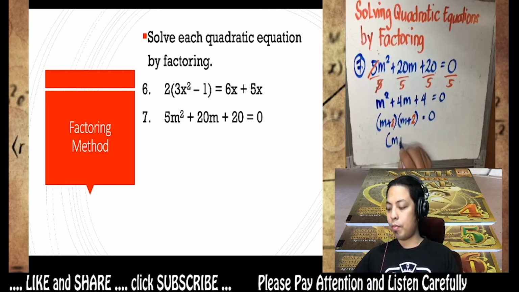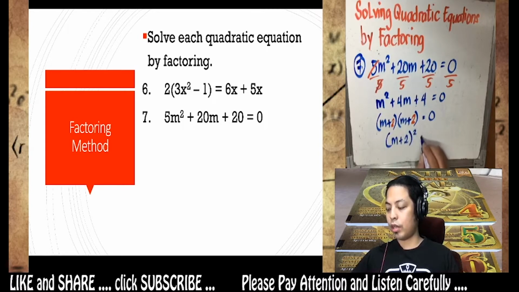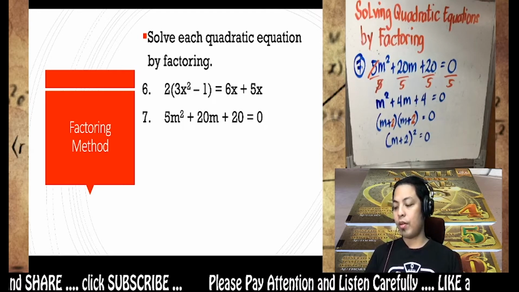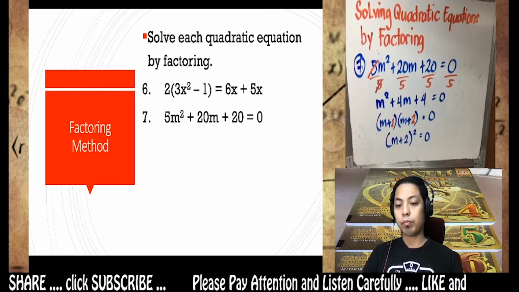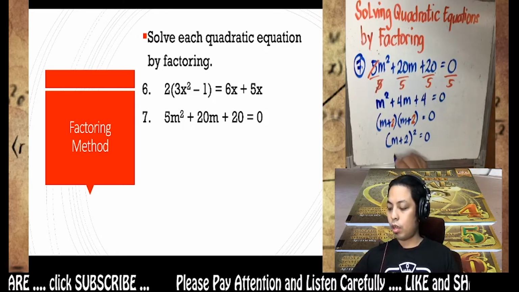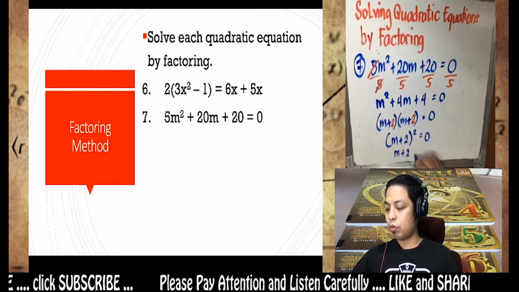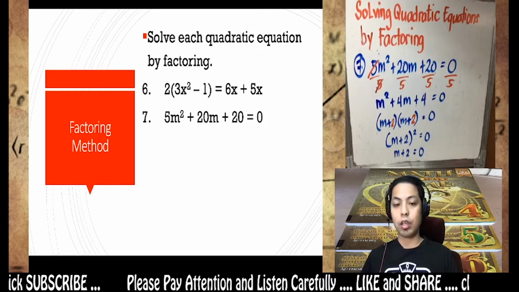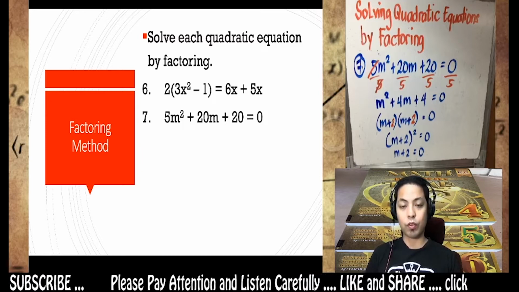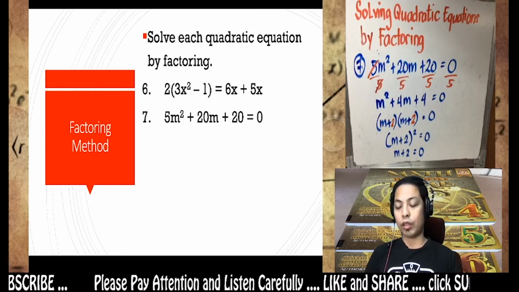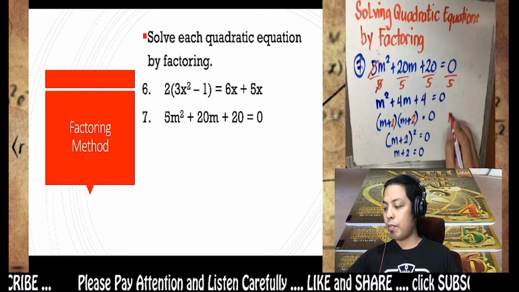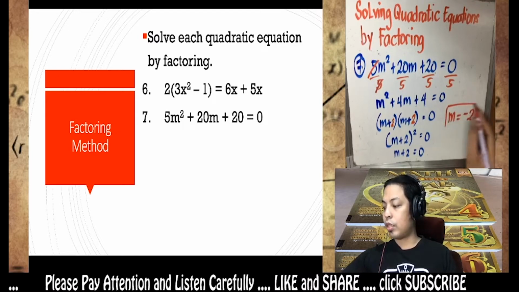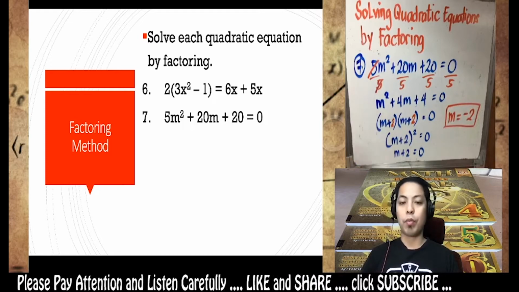So m plus 2 squared is equal to 0. So we have m plus 2 is equal to 0. Move positive 2 to the other side to get the value of m. And m is equal to negative 2. So this is your answer for number 7.